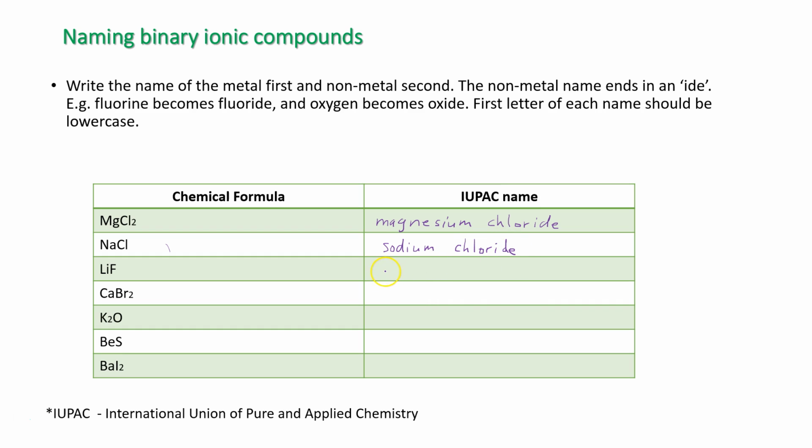Next one, LiF, that's lithium. So we write the metal first, and then the non-metal, fluoride. CaBr2, so that's calcium bromide.